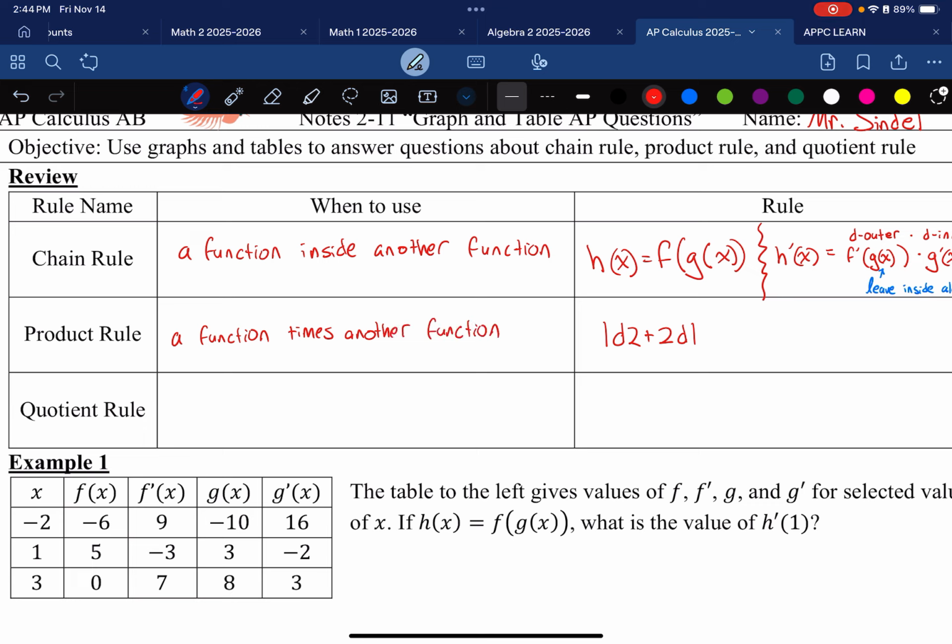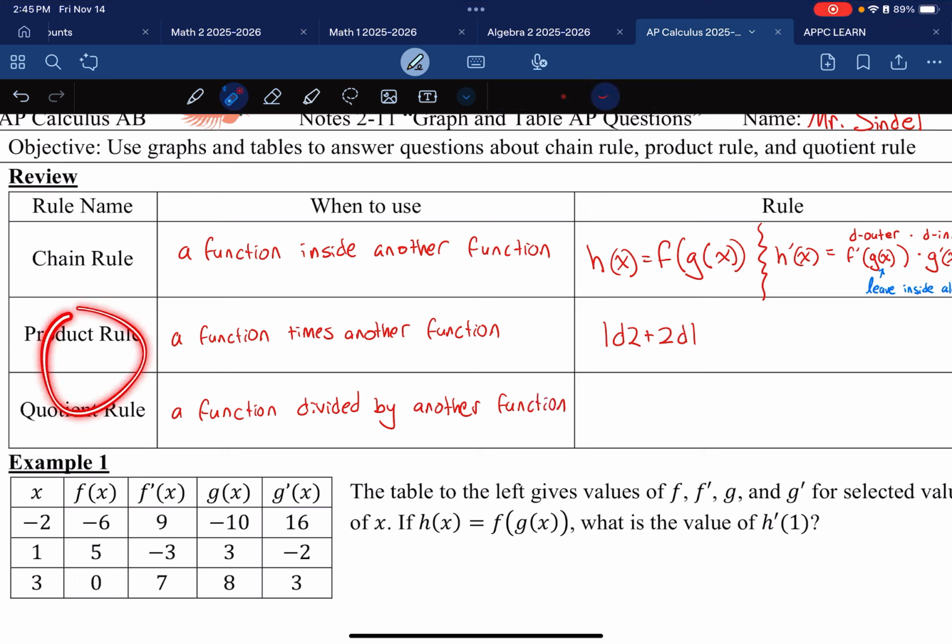And the quotient rule is when you have a function divided by another function. Whenever you have two sets of x's, usually it's going to be either product rule or quotient rule. When there's one x and it's kind of inside of an inside, that's usually a chain rule. So product rule, you're looking for two x's multiplied. Quotient rule, you're looking for two x's that are being divided.